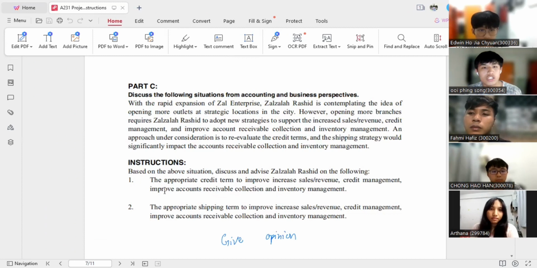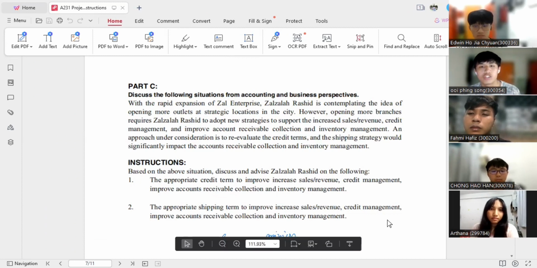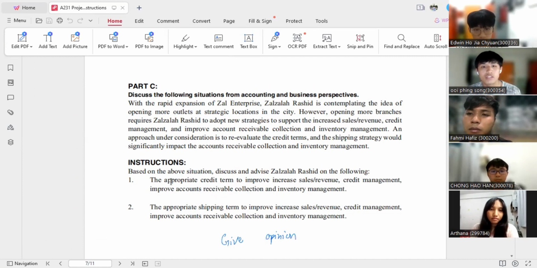So, based on the above situation, our instruction is to discuss and advise the firm on the following. First, the appropriate credit term to improve credit sales or revenue, credit management, account receivable collection and inventory management.